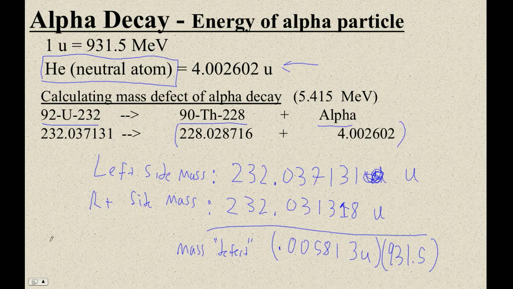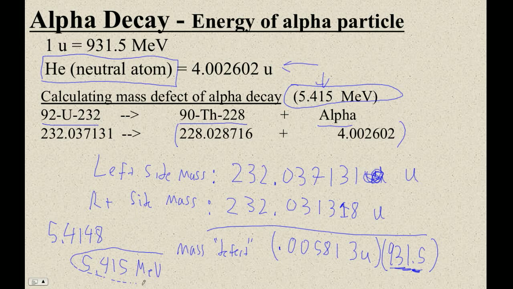And I get that the energy released is 5.4148, or with 4 sig figs, we've got that. And we have 4 sig figs because of this number right here, and because that number there also has 4 sig figs. So here's our answer, 5.415 MeV. Okay, so that's really not so hard.